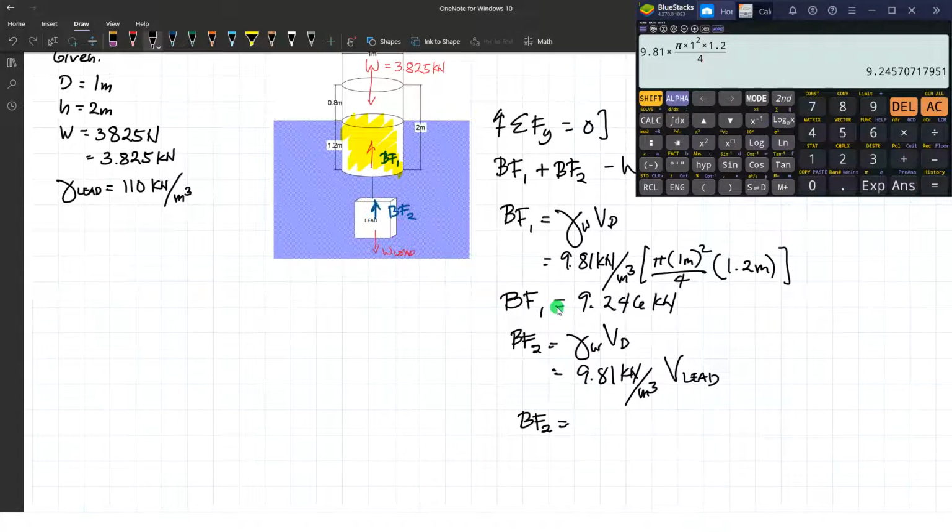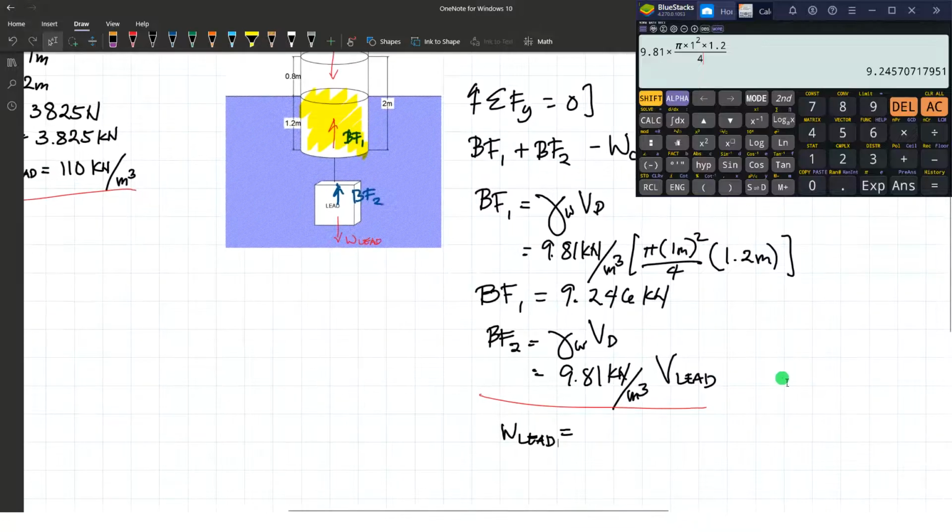So that's it. Okay, for the weight of the lead, since we have a given unit weight of lead, we can also compute that weight of lead. But since we don't have yet the volume of lead, we can write that again as the product of the unit weight of the lead and the volume of it.